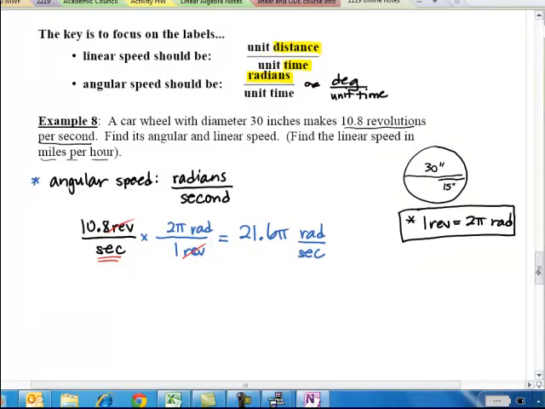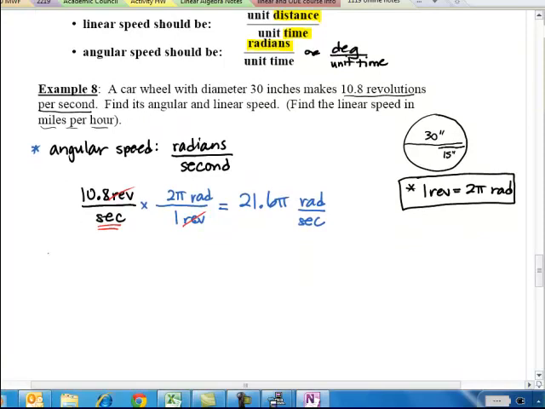And now if we want the linear speed, we can use the angular speed that we know, 21.6 pi. We've got radians per second.